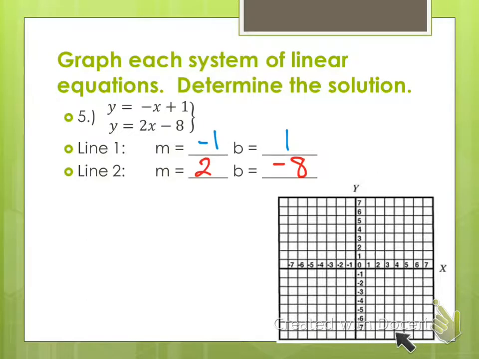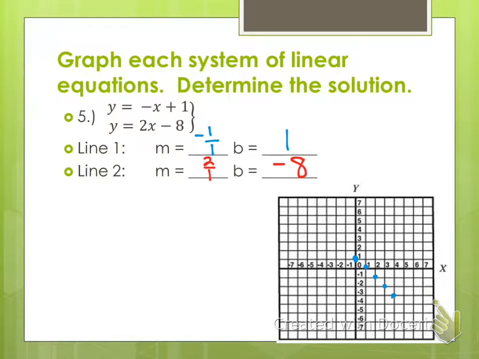My graph gets a little cut off at the bottom here, but we'll do our best. All right, line 1 is going to start at 1 on the y-axis. Then our slope is -1 over 1. Remember, anytime that we have a slope written as an integer, we can always put it over 1. So if you want to do that right away, go for it. -1 over 1 and 2 over 1. So we're using -1 over 1 for line 1, meaning we are going to go down 1, to the right 1.